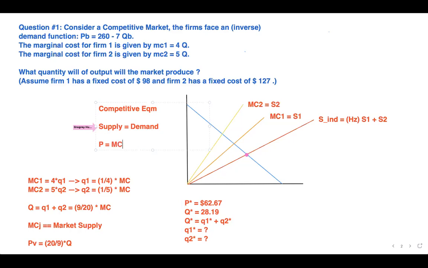Marginal cost for each of the firms. I know that I've said it, it's in your book and it's in the lectures. Price is equal to marginal cost. Does that make sense?